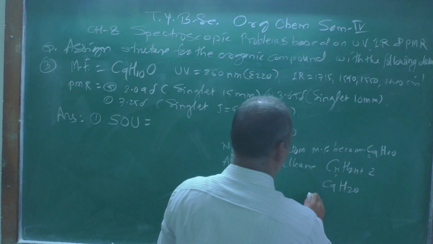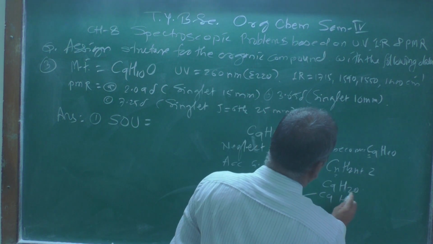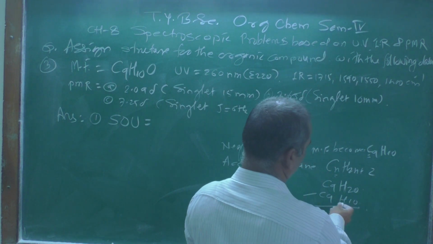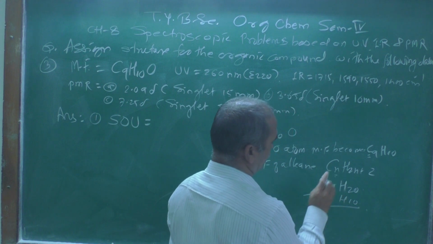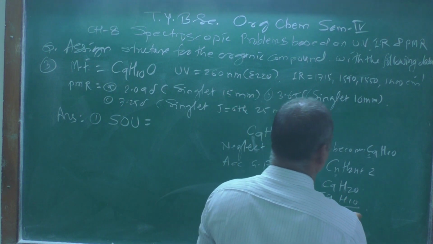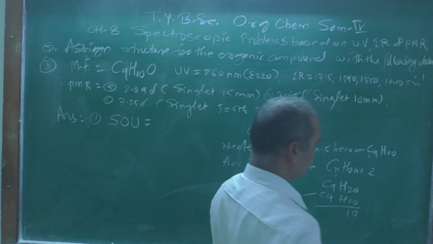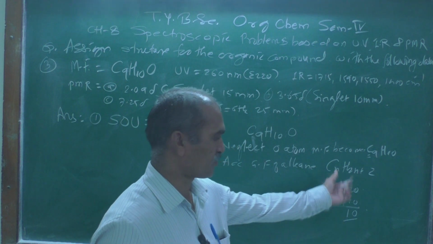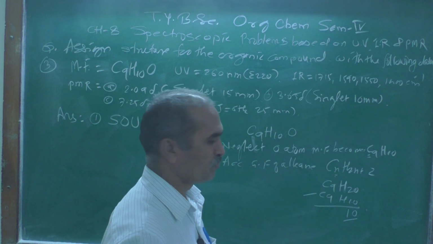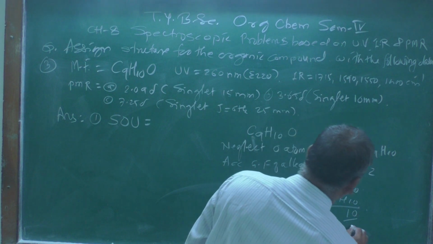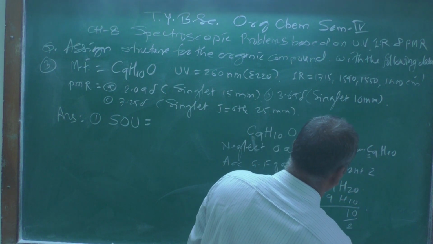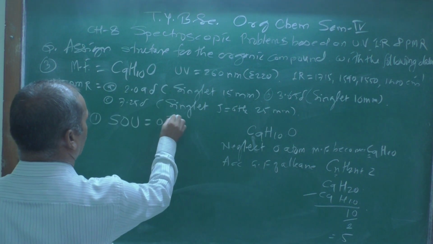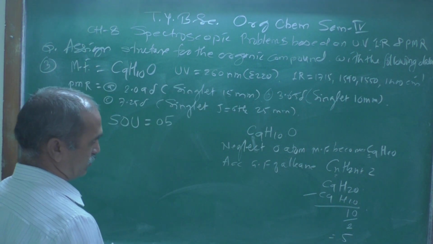Then subtract C9H10 from that; C9 gets cancelled, 20 minus 10 remains 10, and then you divide by 2, and after dividing we get 5. Therefore the site of unsaturation we got is 5 in this case.